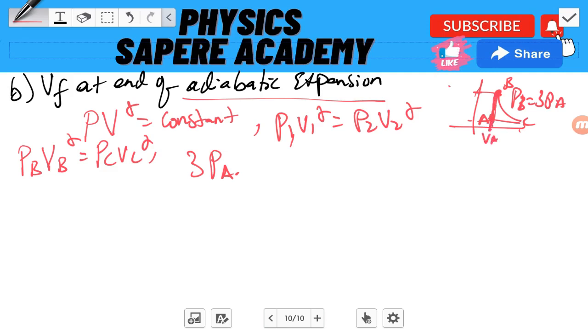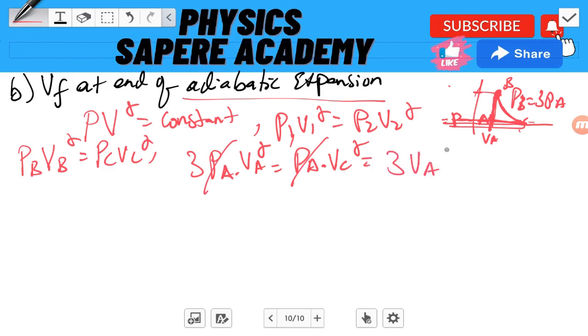So VB is the same as VA equals PC. This is my pressure at C. PC is also the same as PA አይደለ? Because they are simply found on the same line. So this is also the same as PA times VC to the gamma አለኝ. So PA and PA remove ባረግ I have 3 VA to the gamma equals VC to the gamma.